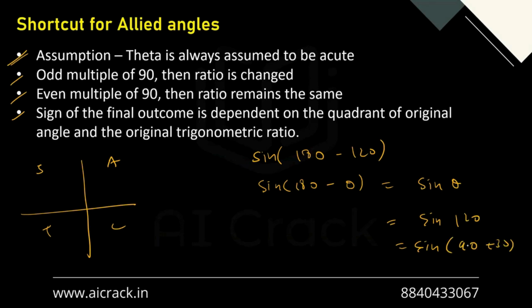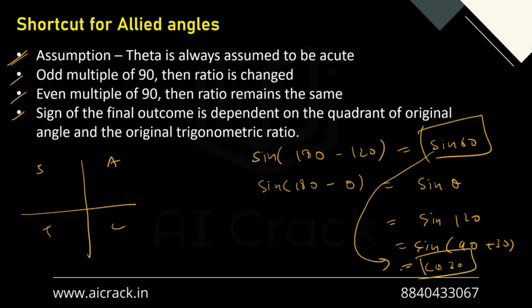If we apply the allied angle formula once again, we'll be getting cos of 30 degrees, right? Sine of 90 plus theta is cos theta. Now over here, we can directly write it as sine 60. You know that sine 60 is exactly the same as cos 30, right? So we have proved that even if we consider theta as acute, regardless of whatever it is, it's going to give the same result, right?